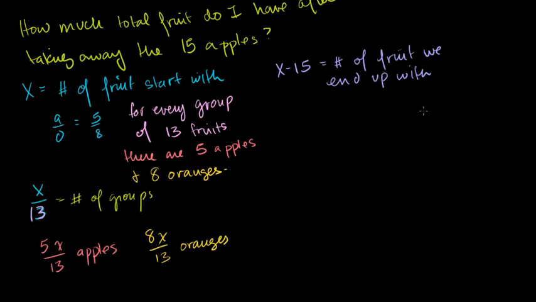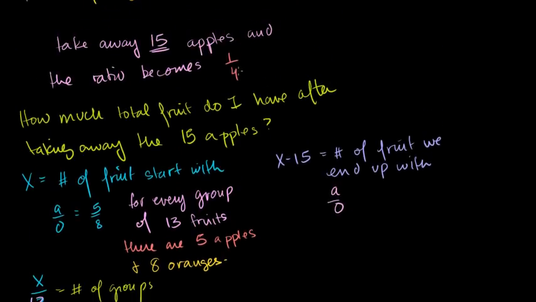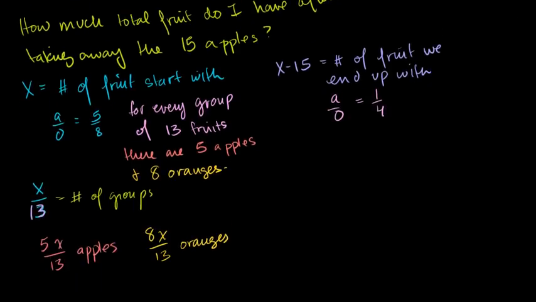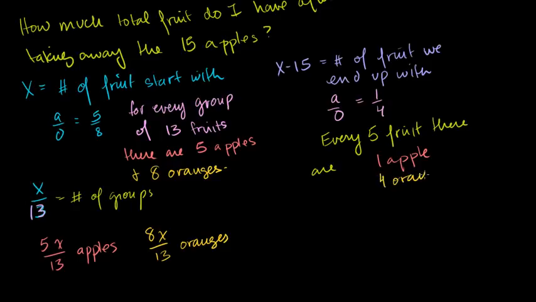Now, when I'm done, we said that the ratio of apples to oranges becomes 1 to 4. Another way of saying that is that for every 5 fruit, if you add these two numbers together, there is 1 apple and 4 oranges.